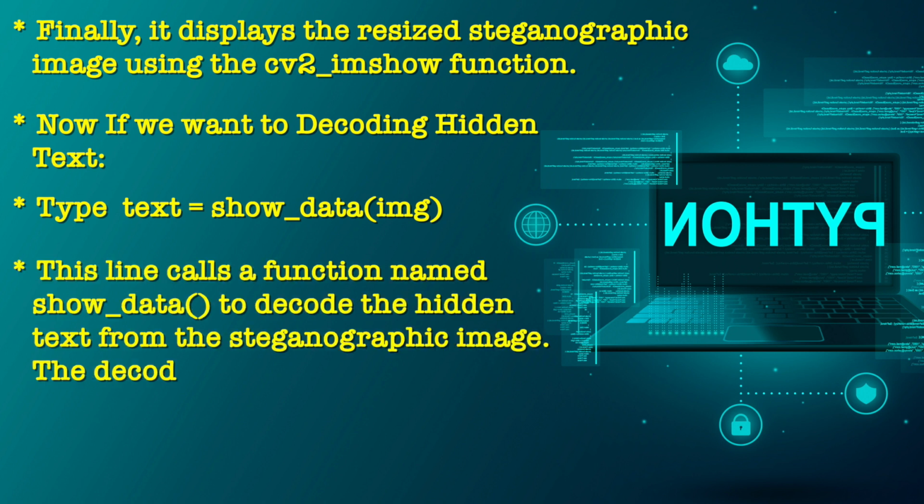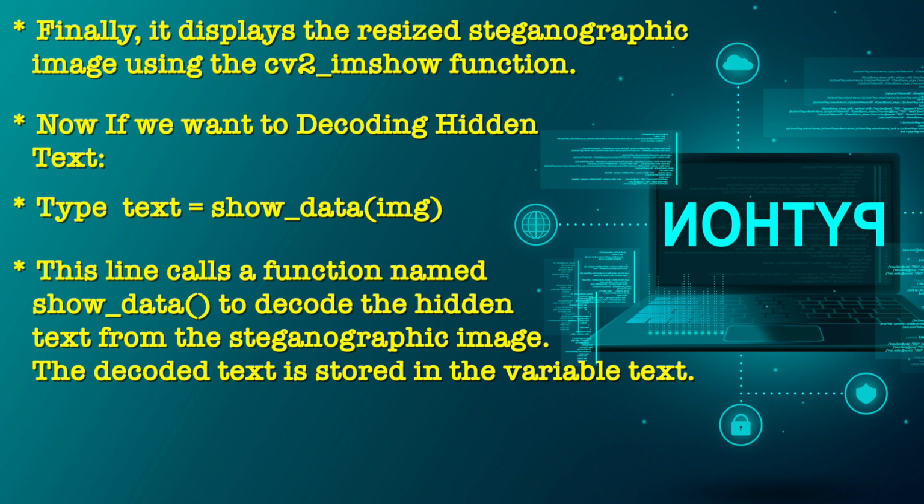This line calls a function named showData to decode the hidden text from the steganographic image. The decoded text is stored in the variable text. And finally, the function returns the decoded text through the statement return text. The function returns the decoded text as its result.